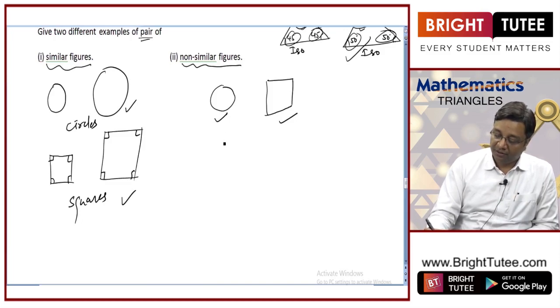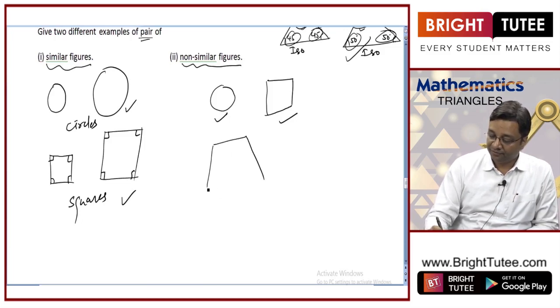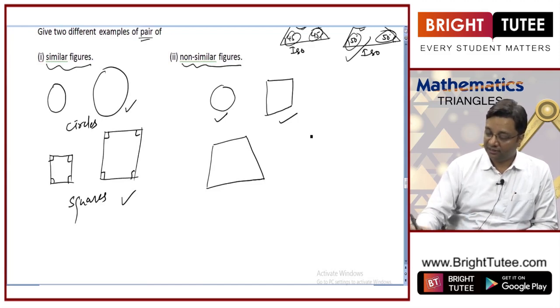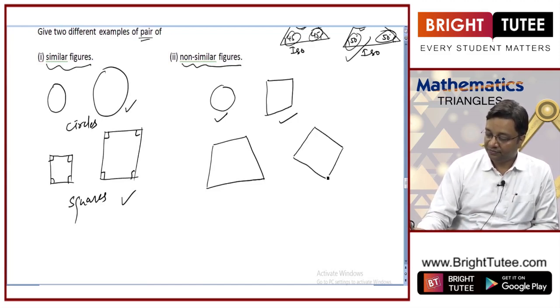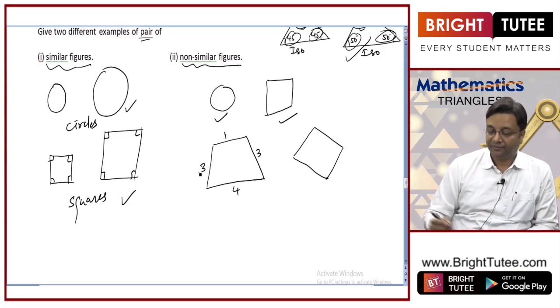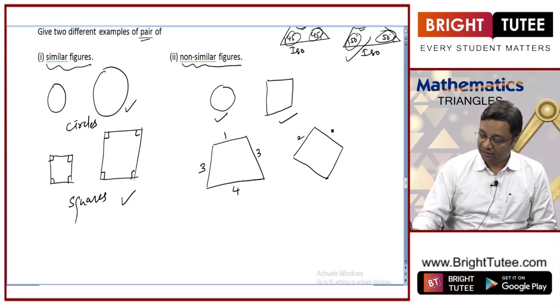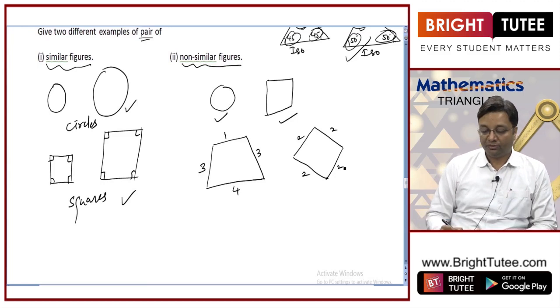Another example that we can take here is, let us take two of the same category, for example, quadrilaterals. Let us take one quadrilateral as this, second quadrilateral as this one. In this, the sides, let us say 1, 3, 4 and 3, okay, and in this let us take the sides as 2, 2, 2, 2, right.